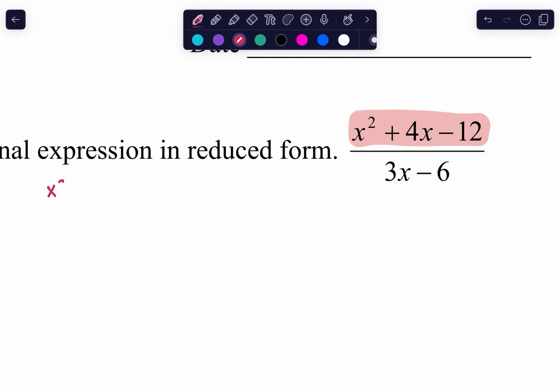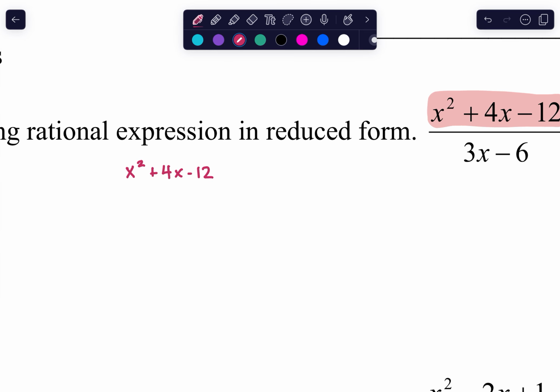So I have to factor my expressions, okay? Because once they're in factored form, then we can see if they have common factors, and then we're able to reduce. So you factor however you factor. I'm going to use the California method. So factors of 12 are 1 and 12, 2 and 6, 3 and 4, and that's all of them.